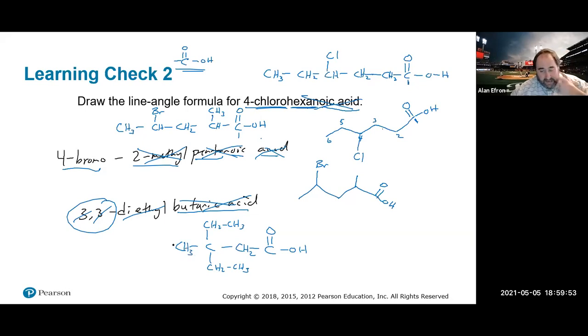If we line structure that one, we've got 4 carbons: 1, 2, 3, and 4. Putting our carboxylic acid group at the end, carbon 1, carbon 2, carbon 3.